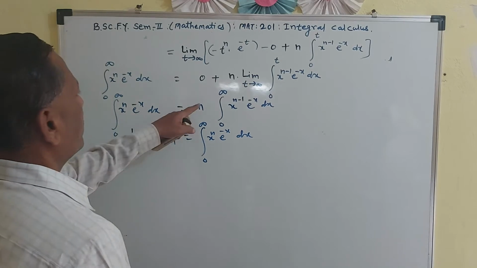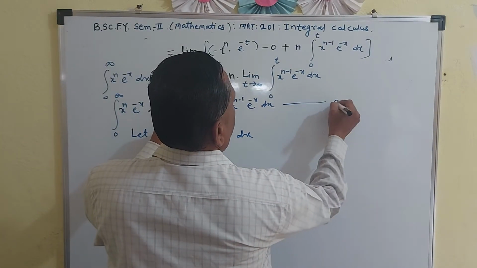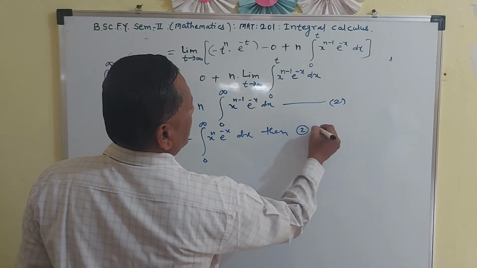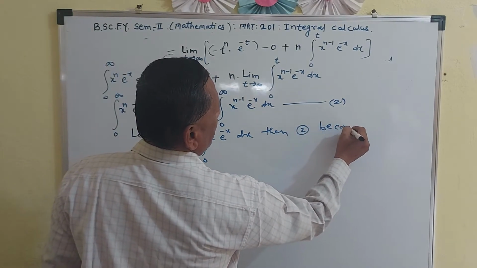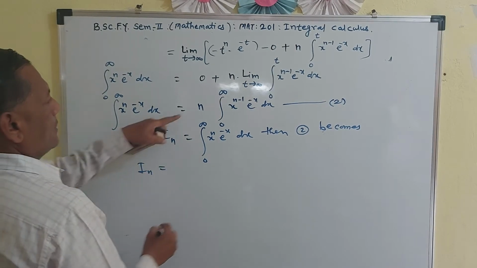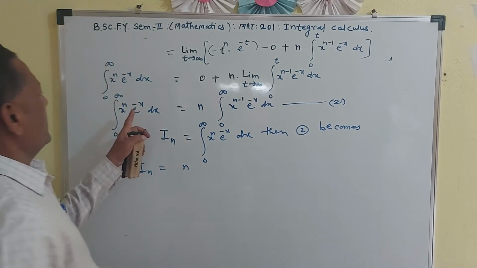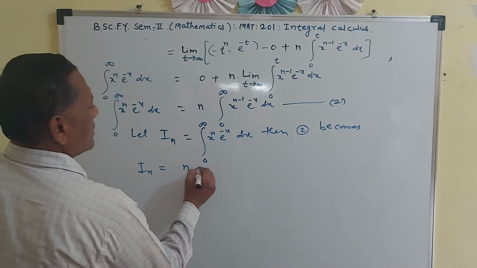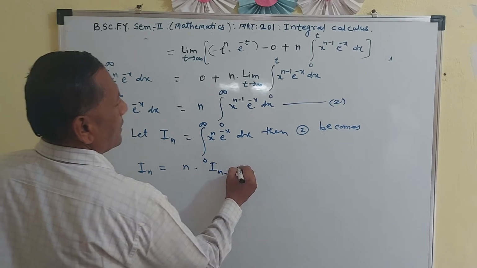Then suppose this is 2, then 2 becomes I n is equal to n into I n minus 1, the same as here, only n is replaced by n minus 1.